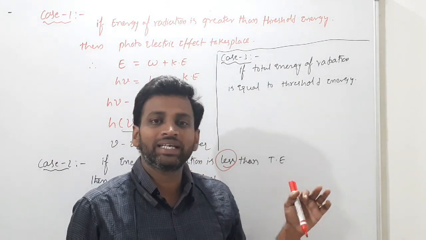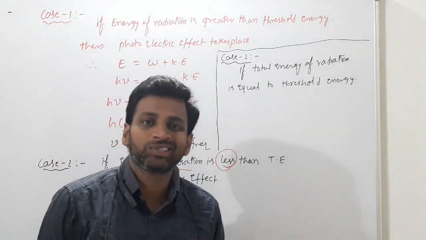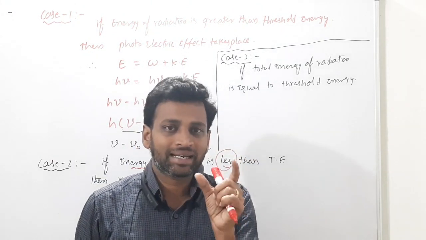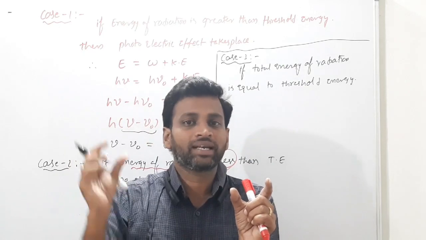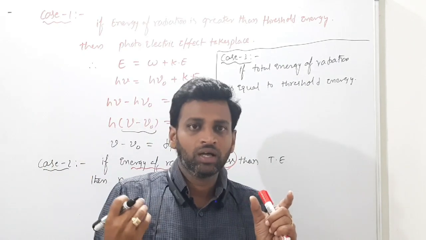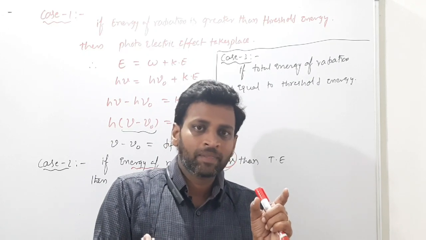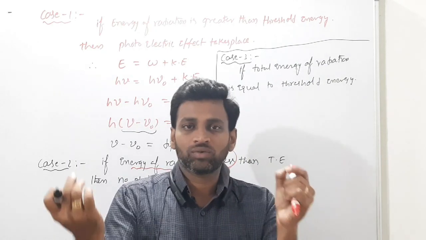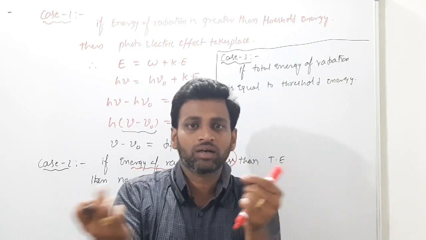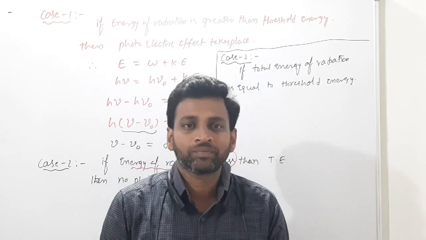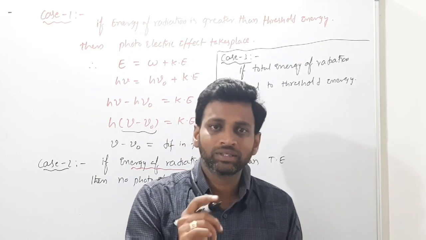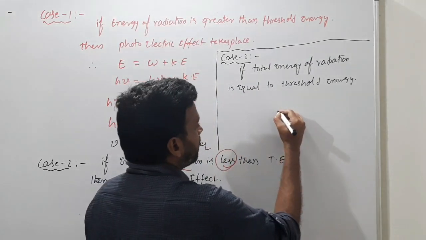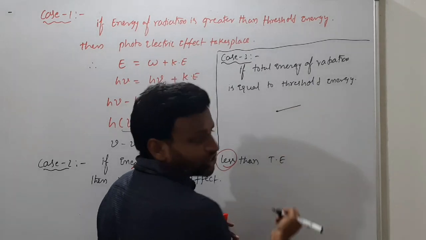As I told you previously, I wanted to buy a car with 10 lakhs cost. I have 10 lakhs, means my source of money is 10 lakhs, and the car cost is also 10 lakhs. So 10 lakhs I have, 10 lakhs is the car cost. So neutral. The electron will eject, means just out of the outermost shell.